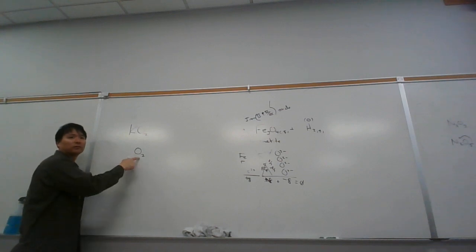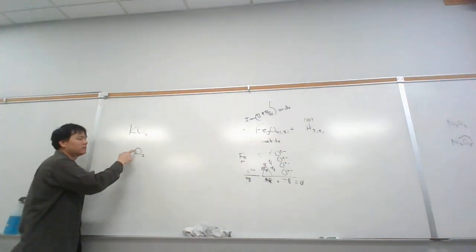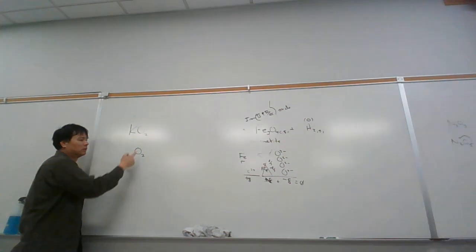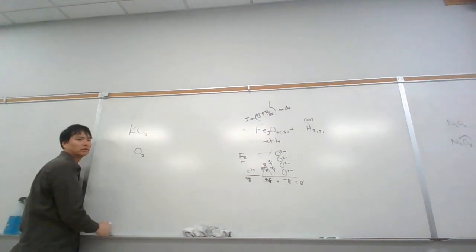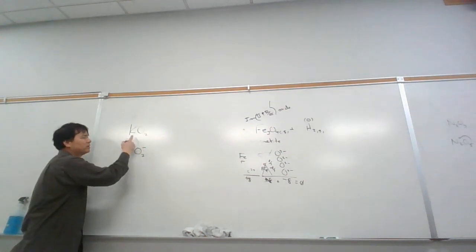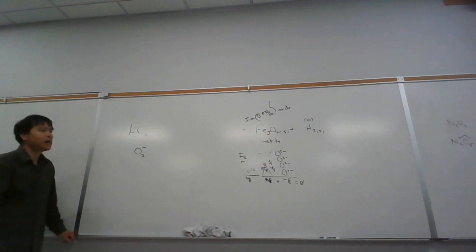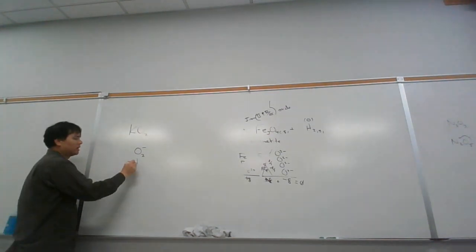They're both O2. Peroxide is O2 charge 2 minus, O2 2 minus. But superoxide is O2 charge minus. That's why there's only one potassium here. And so this is the superoxide ion.